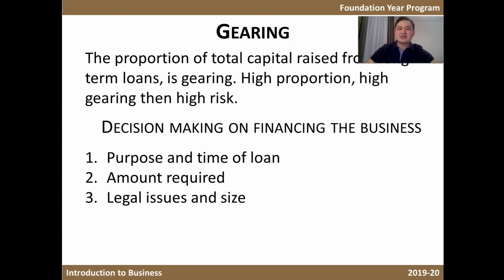So investors carry a lot of risk when they invest in companies that already have a lot of debt. So the gearing ratio is a measure of risk, of how much debt you have in your capital structure.